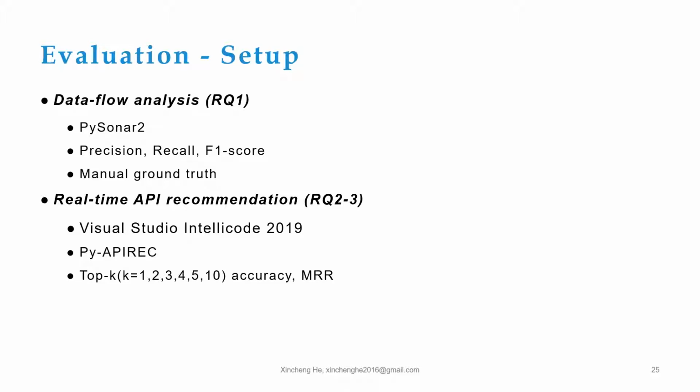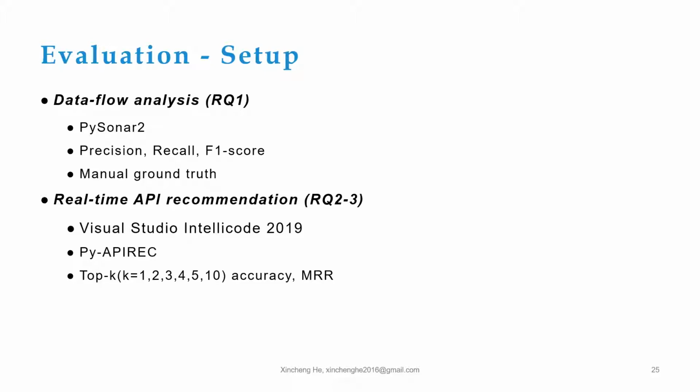For the API recognition evaluation, we firstly choose Visual Studio IntelliCode, an experimental set of AI-assisted developer productivity tool, as the baseline. And we reproduce a state-of-the-art API recognition method for Java named APIREC and port it to Python as another baseline.